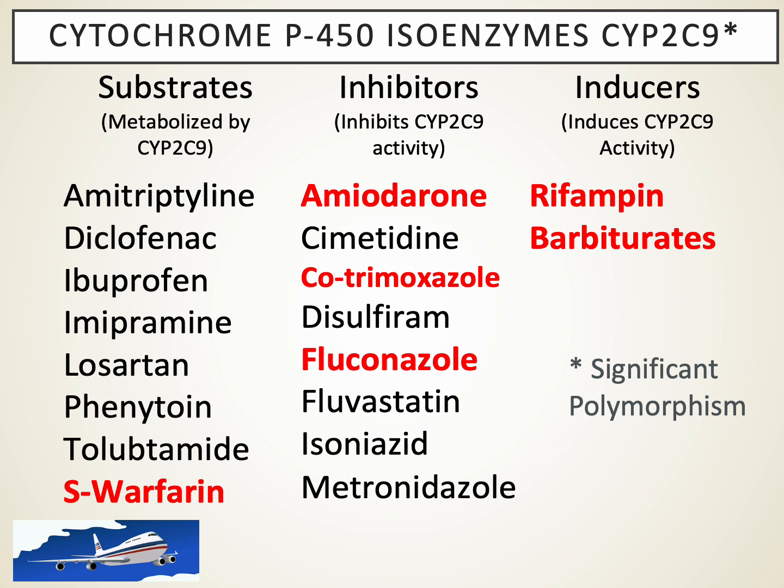Another isoenzyme is 2C9. There are a lot of drugs that it metabolizes. Here, the more important isomer of Coumadin or warfarin, the S isomer, about 50% of what we give in its three-dimensional structure, is metabolized by 2C9.